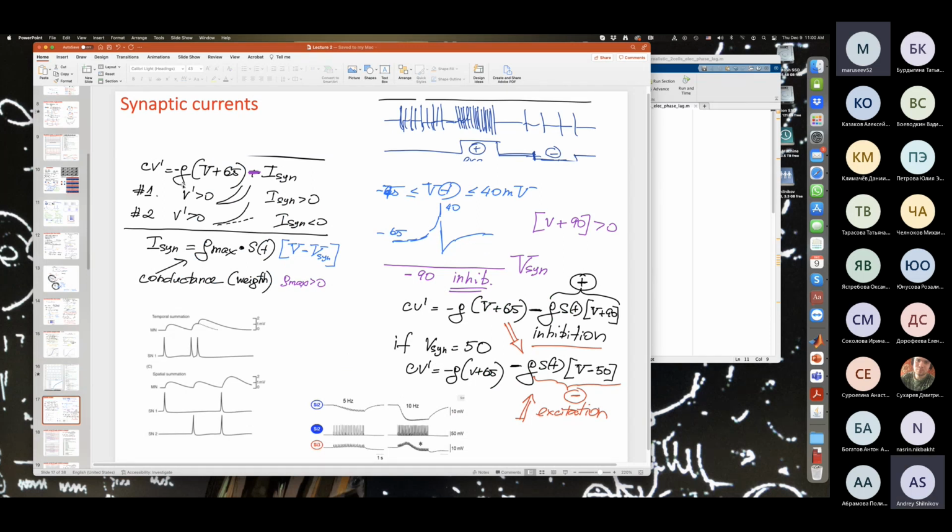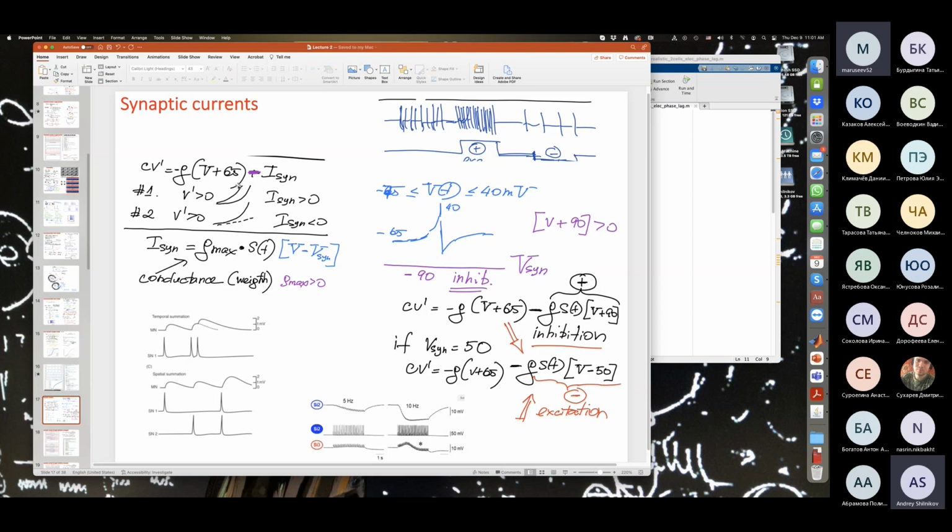Okay, so synaptic currents: how we model synaptic interaction. We introduce the synaptic current in addition to the external current. Historically, don't ask me why, synaptic currents always have a minus in front of them. The idea is the following: if the postsynaptic cell wants to generate an exponential, something like this, and then synaptic current gets into the cell, it will accelerate the spike.